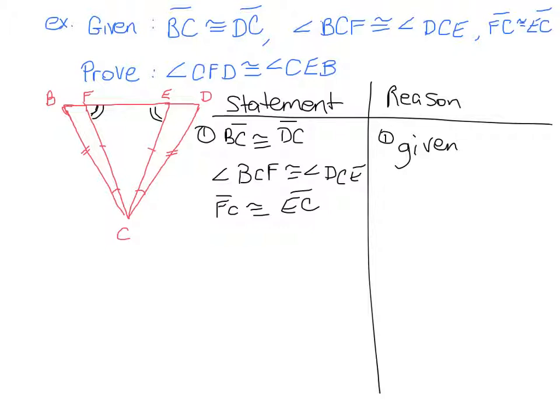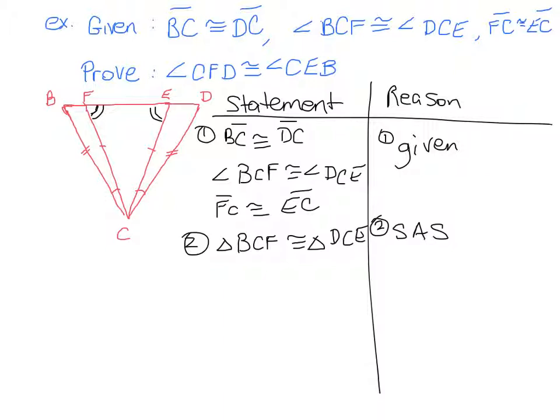So the next thing we know is that triangle BCF is congruent to triangle DCE. The reason for that is the side angle side postulate, and we don't have to write it out; we can just write SAS for short. Now we know that those two triangles are congruent to each other.